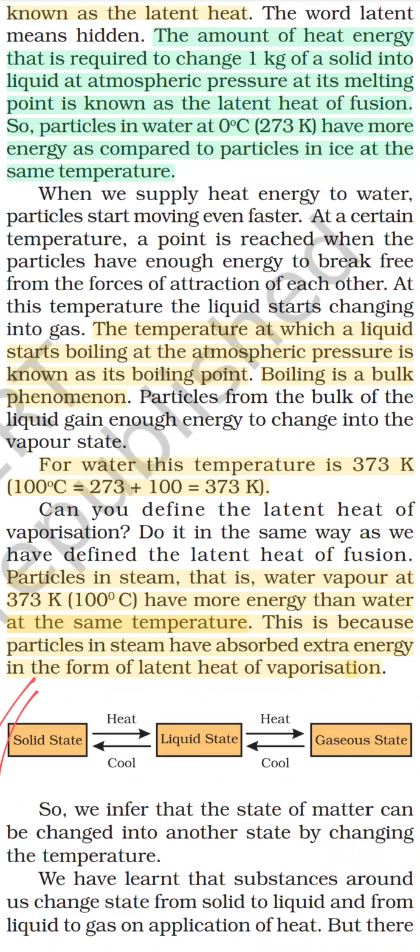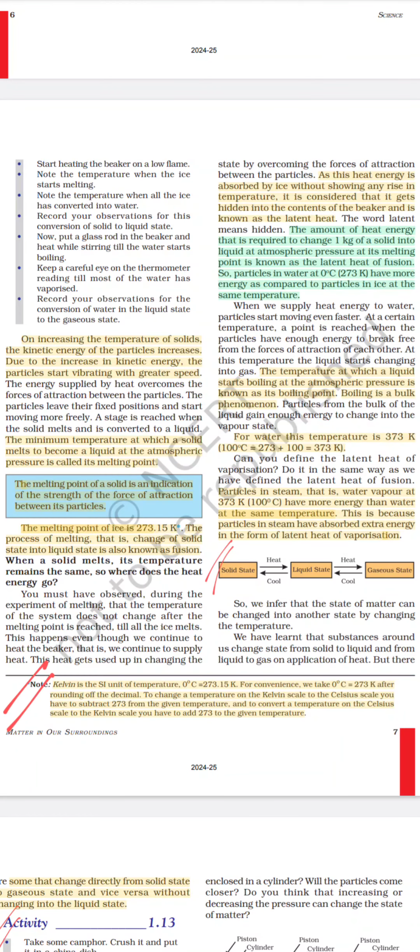We have learned that substances around us change state from solid to liquid and from liquid to gas on application of heat. But here are some facts to be noted. Kelvin is the SI unit of temperature. 0 degree Celsius equals 273.15 Kelvin. For convenience, we take 0 degree Celsius equal to 273 Kelvin after rounding off the decimal.